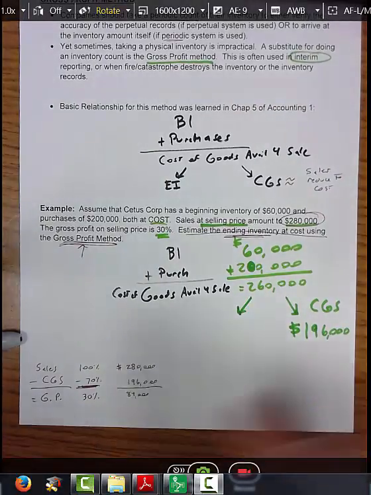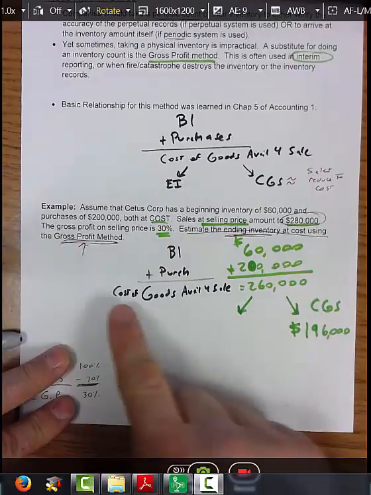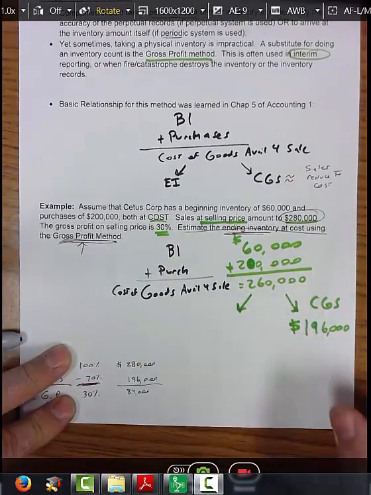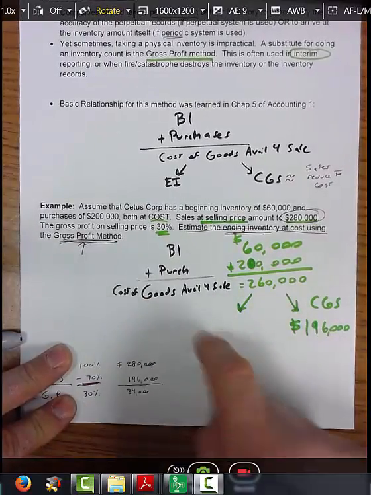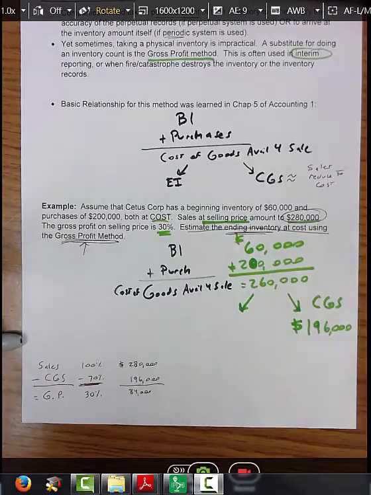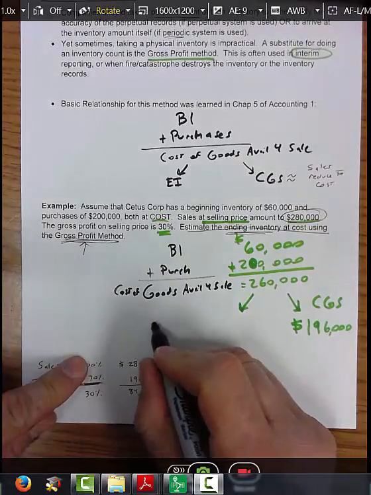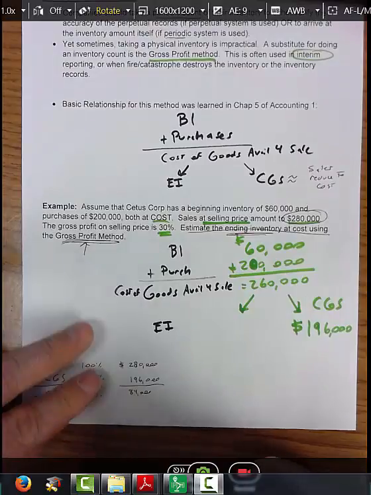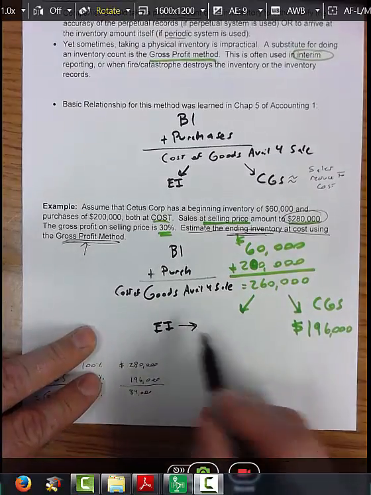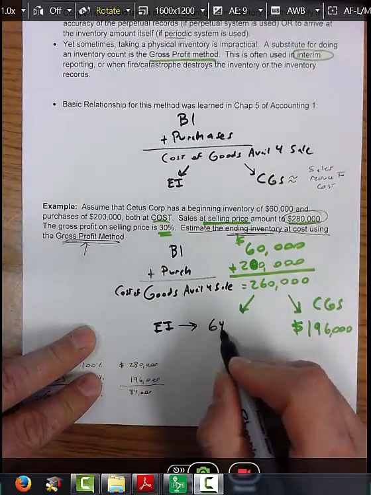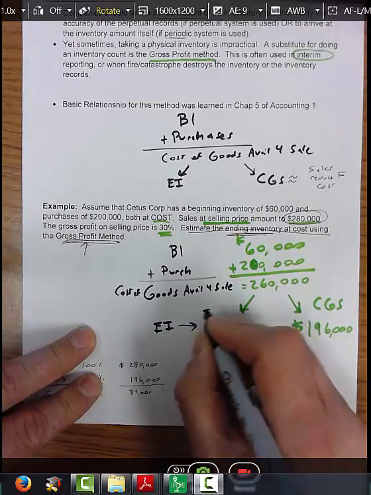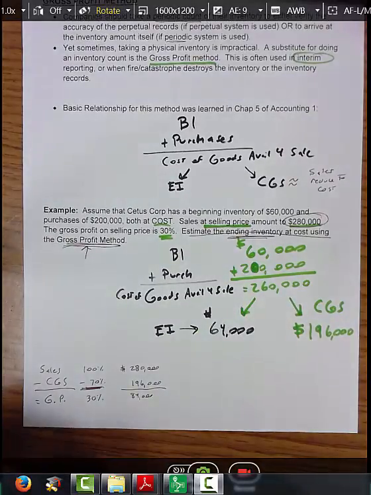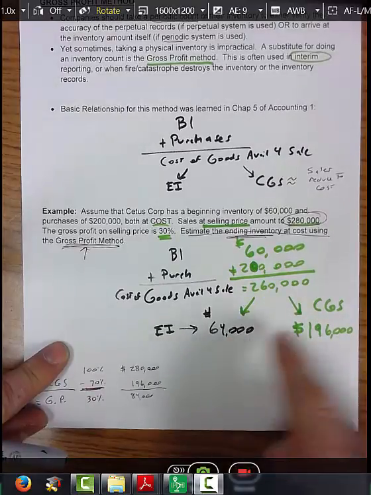If we know our cost of goods sold and we know our cost of goods available for sale, then that minus that is going to equal our ending inventory. Thus, ending inventory has to be $64,000 as an estimate, because 260 minus that needs to equal that.